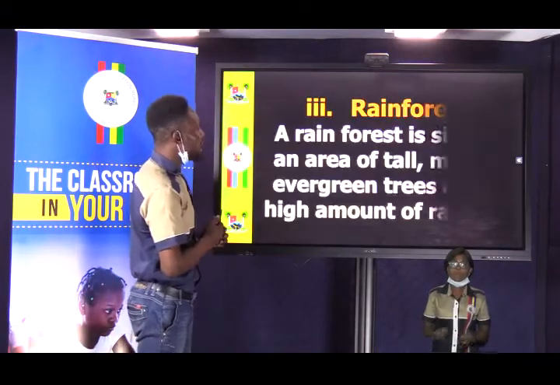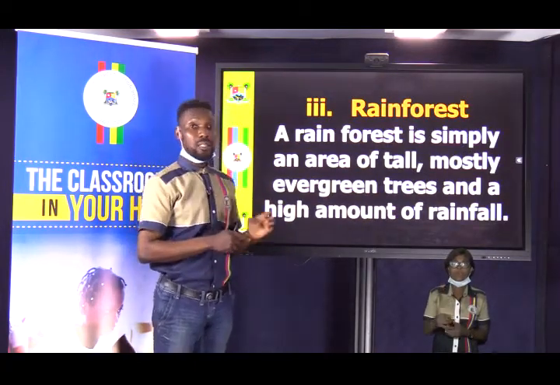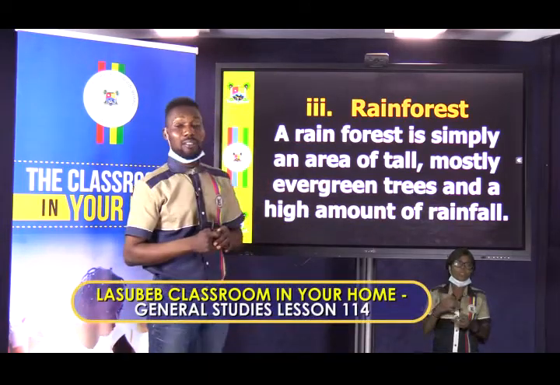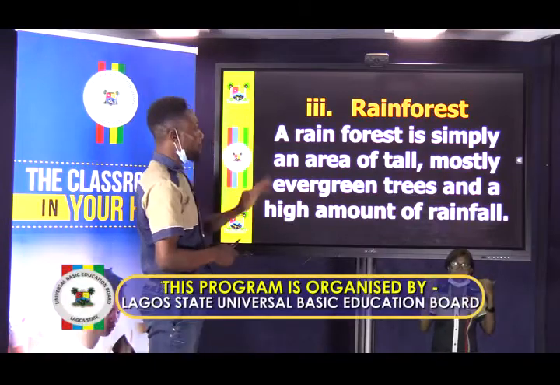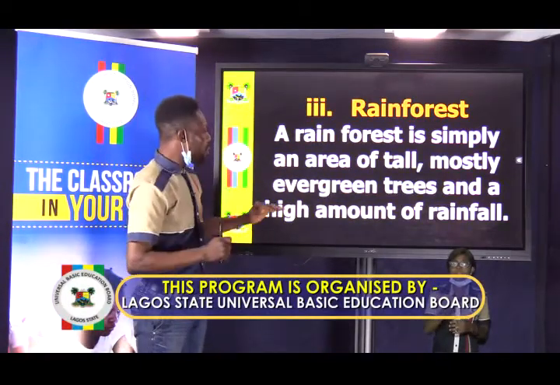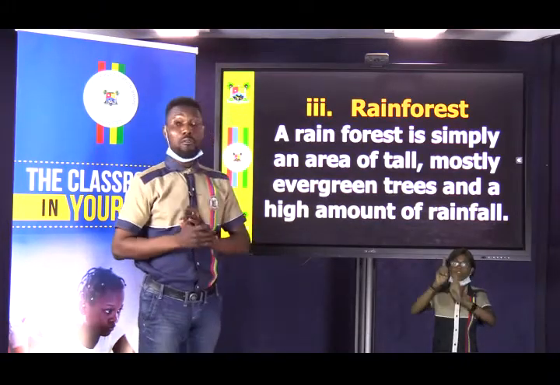Moving on to the next distribution of animals in Nigeria, we have talked about savanna and semi-arid, and derived savanna. Now on to the rainforest region. A rainforest is simply an area of tall, mostly evergreen trees and a high amount of rainfall.